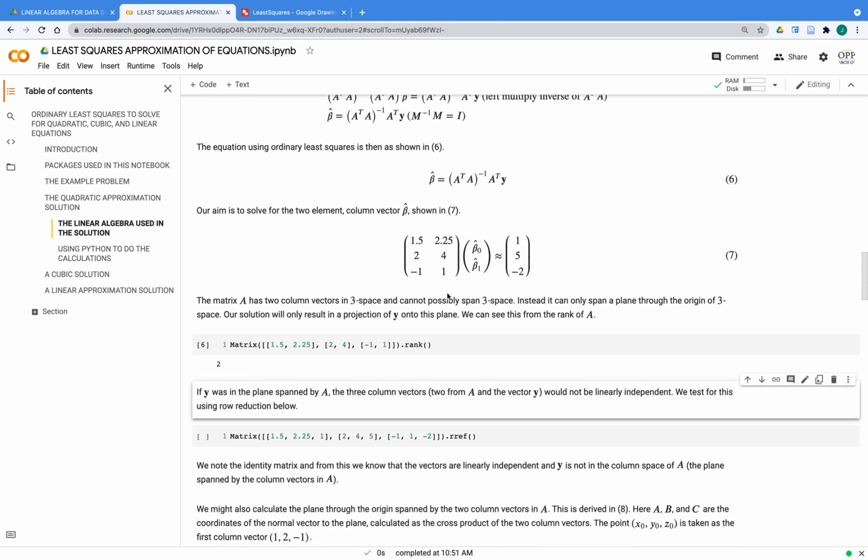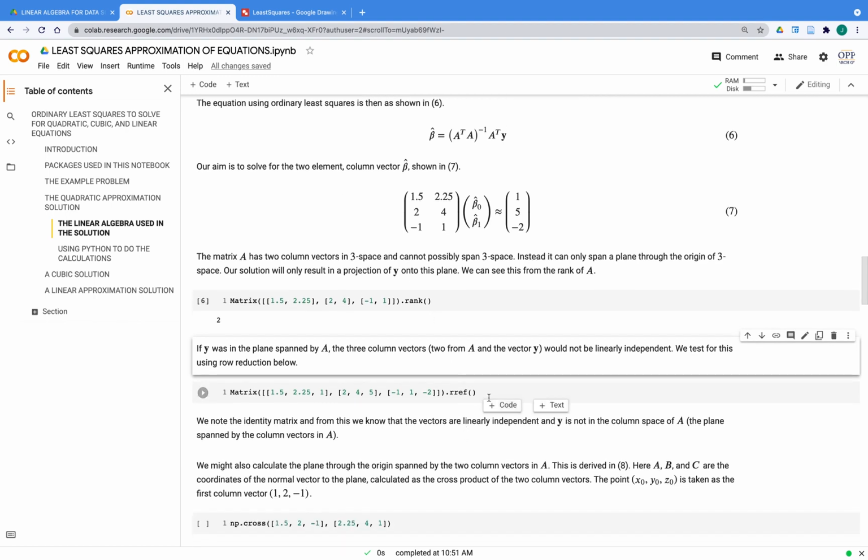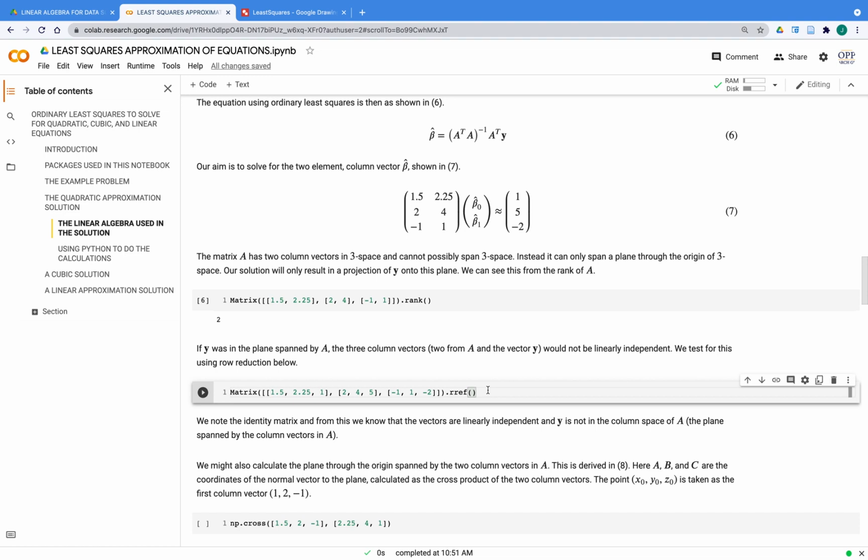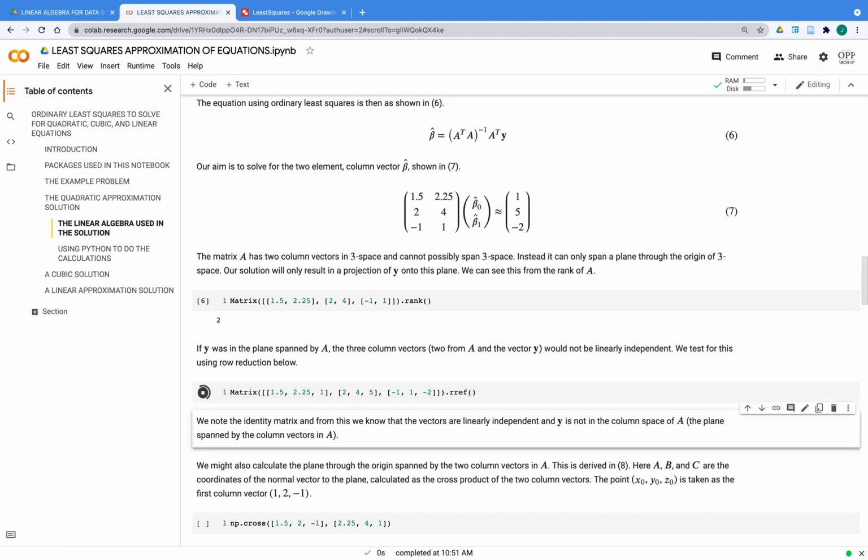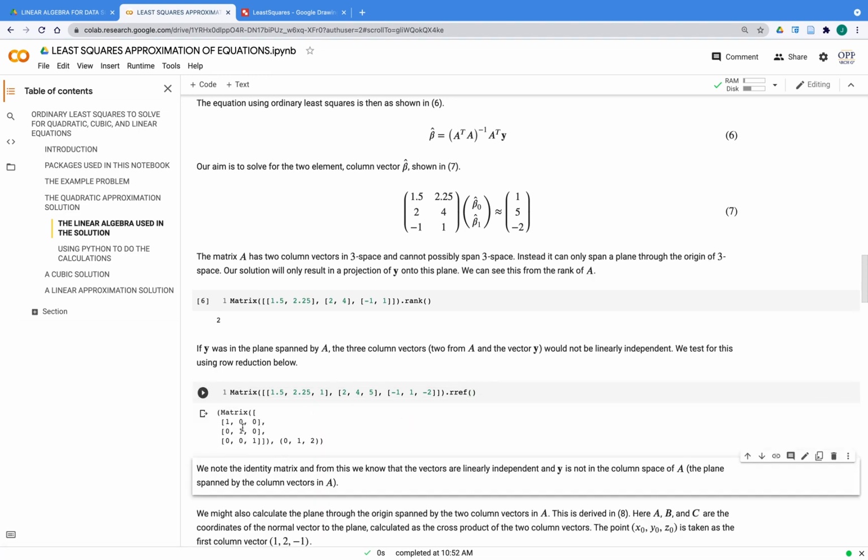Just another way to show you that all 3 columns are linearly independent. If I create a matrix of the 2 column vectors in A, and I add to that another column vector, which is Y, which I've done here, and I get it to row reduced echelon form, we end up with the identity matrix.